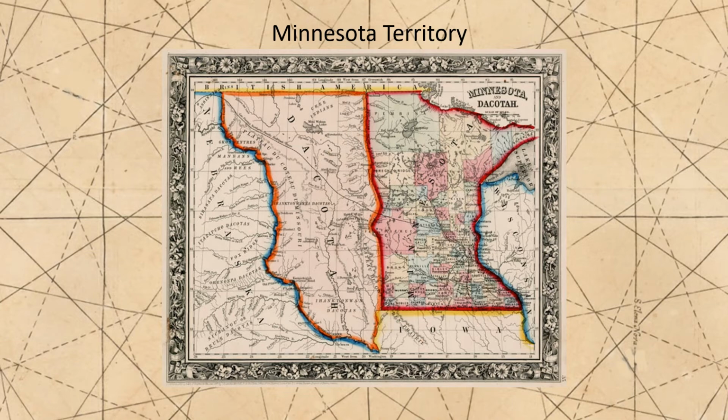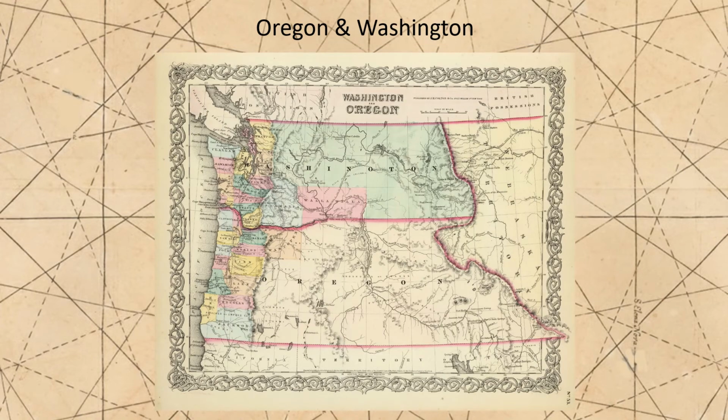With the creation of the new state, the western half of the old Minnesota Territory became the unorganized district of Dakota. The other border change after the Kansas-Nebraska Act was creation of a new territory in the Pacific Northwest. As we noted earlier, Washington Territory was created from the northern half of Oregon Territory in 1854.